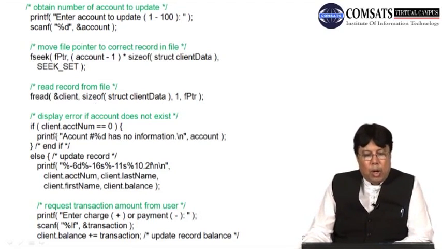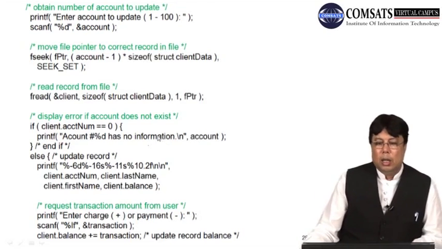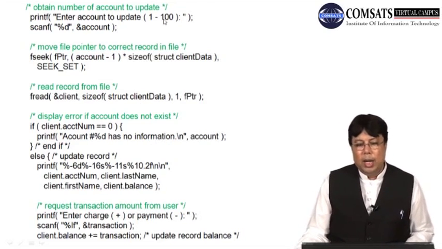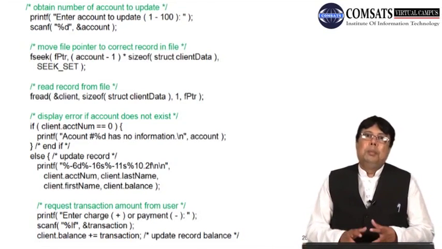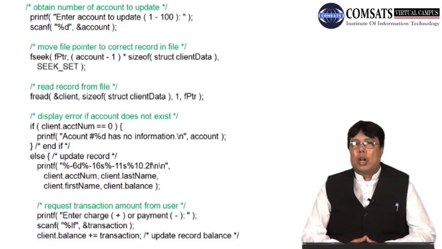And unless the account number is 0, you will print out the result. That's why you have not printed it, because if it is account number 0, it has no information. Since we are reading a specified record, if this record is not read, it means that this account number is not there, because we have not placed the account number into the structure.